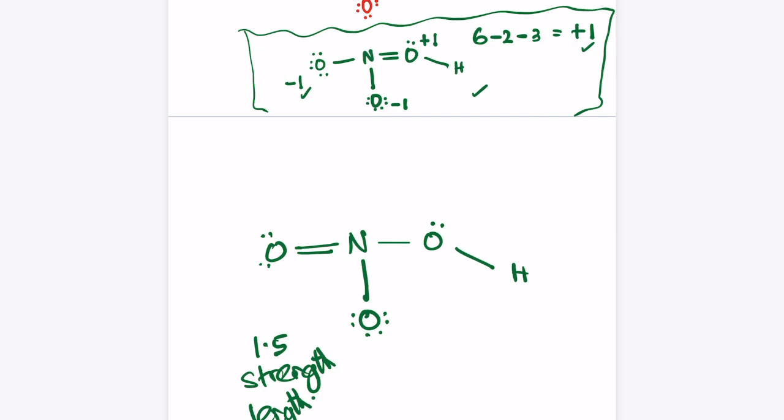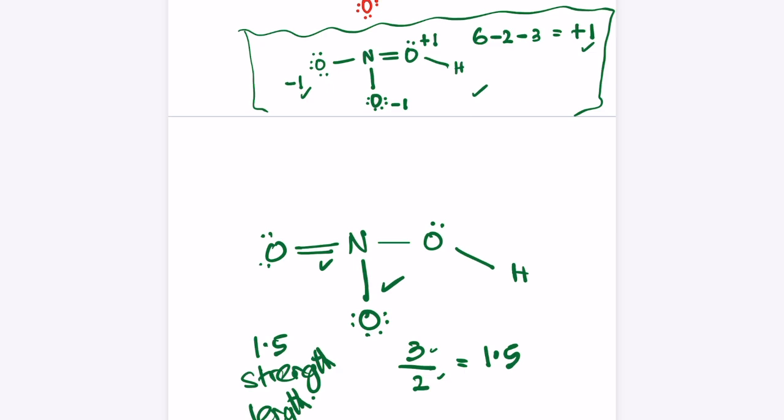There are 3 bonds and 2 domains, 1, 2. So the bond order here is actually 1.5 as well. Bond order being the number of bonds divided by the number of domains.